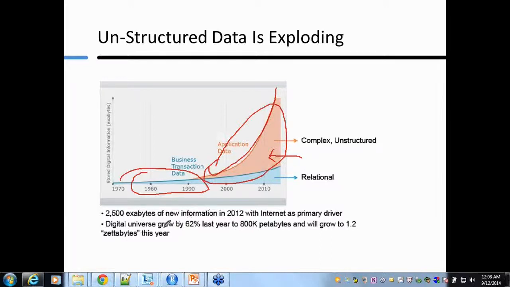There are some stats that I have captured here, which say that the digital universe grew about 62% last year, and it will grow to about 1.2 zettabytes this year, which means every year a massive volume of data is getting accumulated, which leads to lots more possibilities related to big data. One of the primary drivers for this growth is the internet.